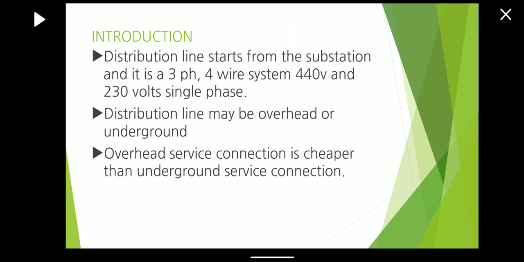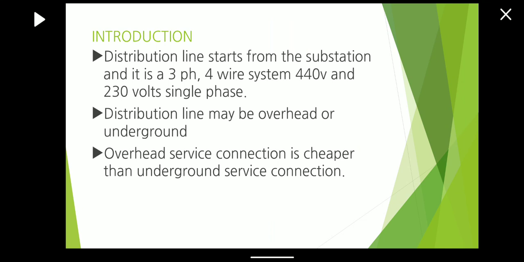We can easily take the 230 volt from the 3-phase 4-wire system by taking any one wire, either R, Y or B, and connecting it with the neutral. That means one neutral and one phase, so it is nothing but the single phase line. Then the distribution line may be overhead or underground.